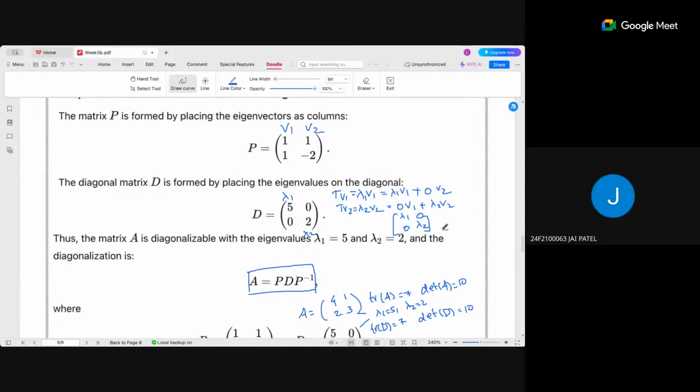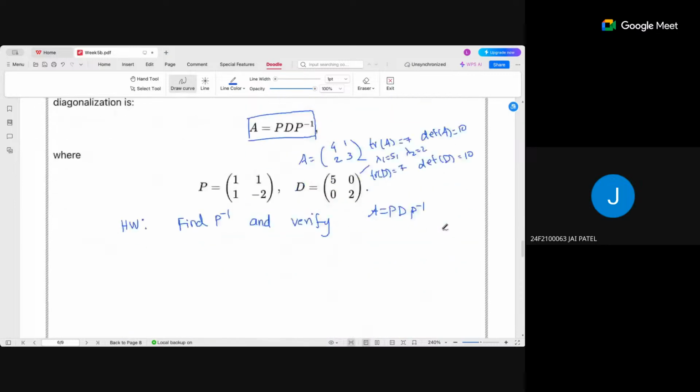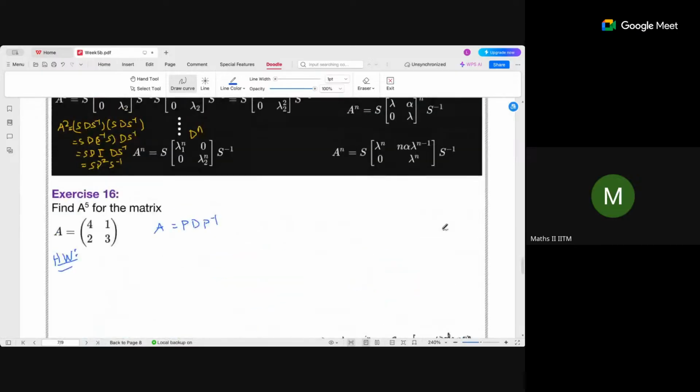One question, please. The last question you gave us as homework, that is A to the power 5, right? Yes. So is it mandatory to follow all the procedure, first find the eigenvalues, then eigenvectors, then matrix P and matrix D, and then form PDP inverse, then see the pattern and write the powers of A? Yes, exactly.